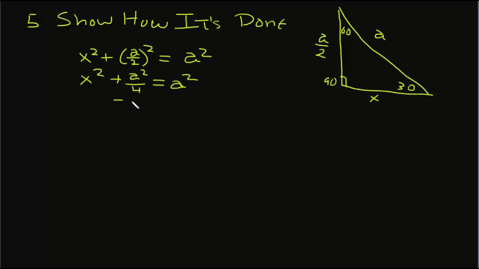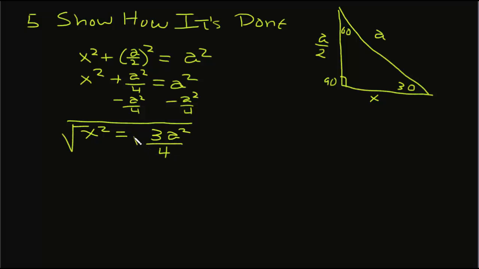And if we subtract a squared over 4 from both sides, we get x squared is equal to 3a squared over 4, and if we take the square root of both sides, then we get x is equal to the square root of 3 times a, over 2.